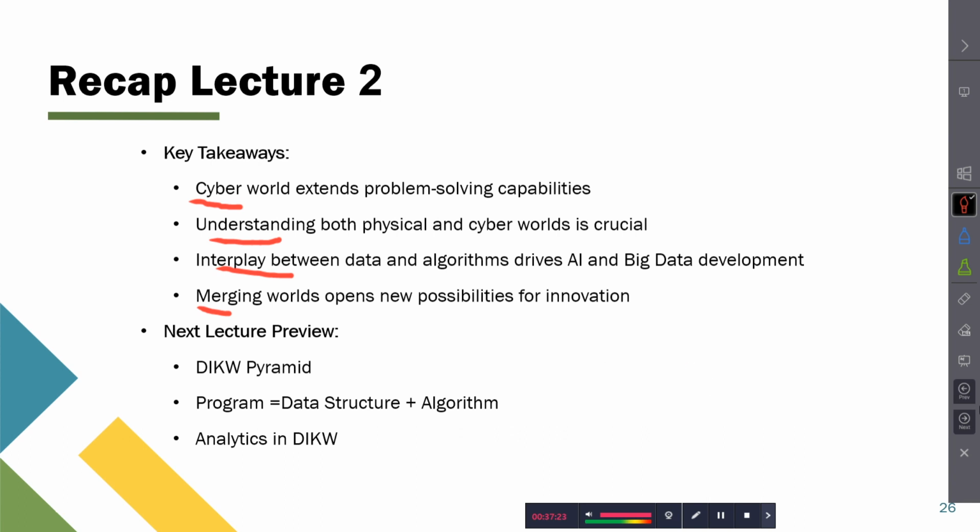In our next lecture, we will touch on the DIKW pyramid, which is Data, Information, Knowledge, Wisdom, and talk more about programs and data structures in this pyramid, and then talk about some analytics across data, information, knowledge, and wisdom, which is important for the techniques we are going to deal with.